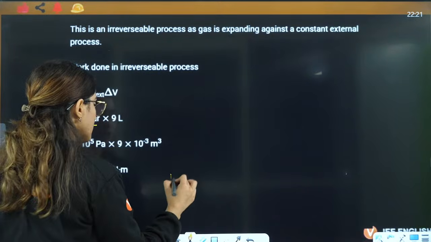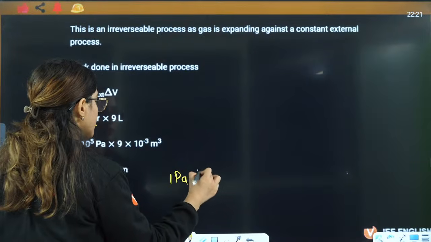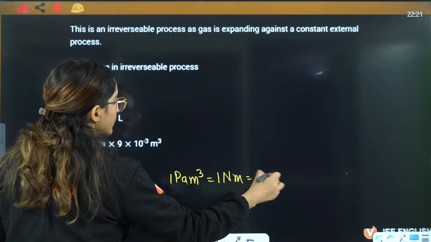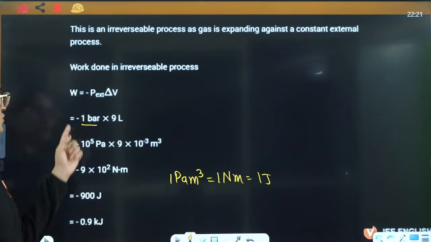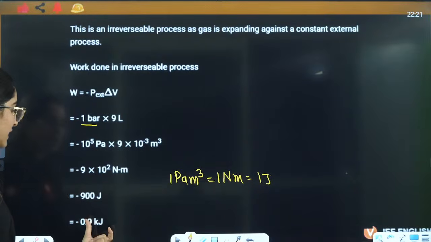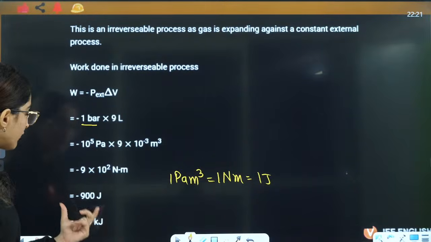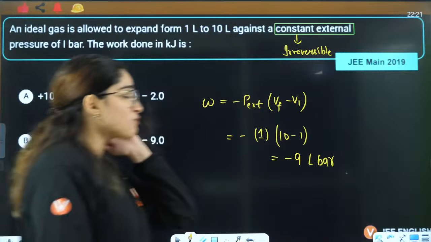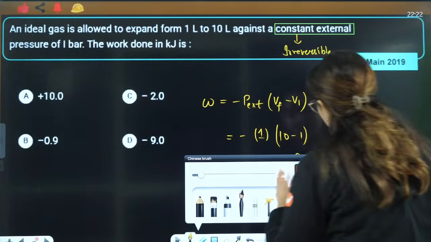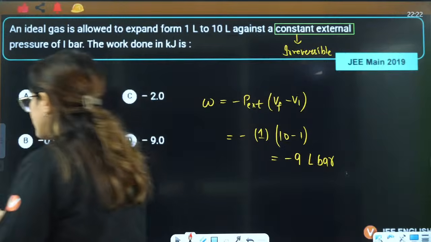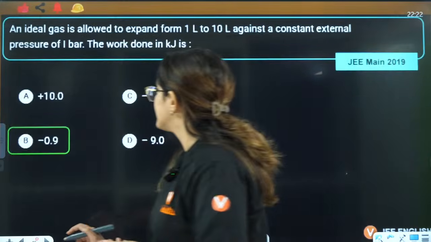So you can say 1 Pascal meter cube is equal to 1 newton meter, that is 1 joule. So you have successfully converted this into joule, then convert it into kilojoule by dividing by 1000, and you'll have your answer. So it's a game of unit conversion, and this is your 2019 question. Nothing else was there, it was just unit conversion. Everything else is a simple formula that you must apply here.